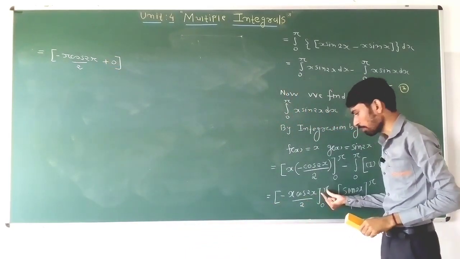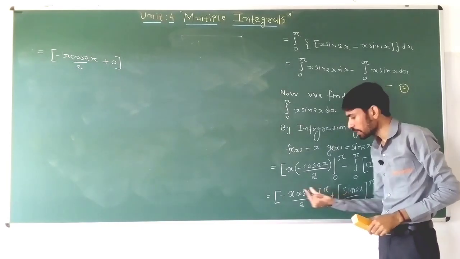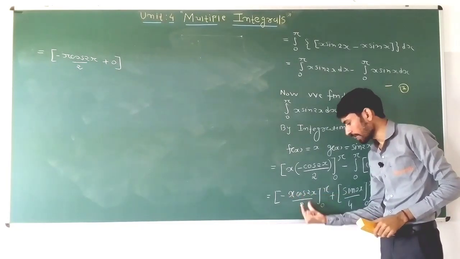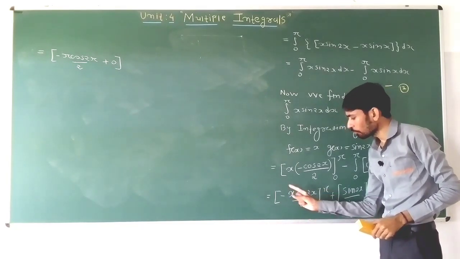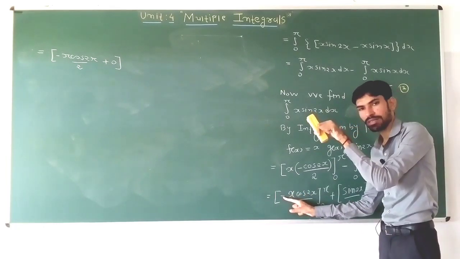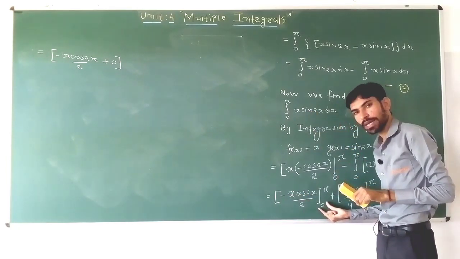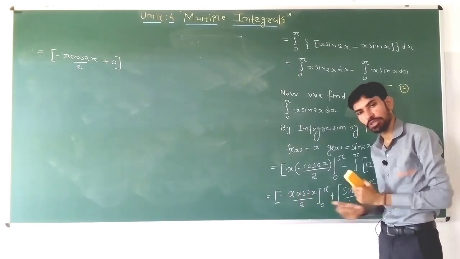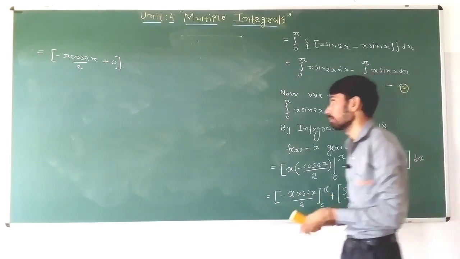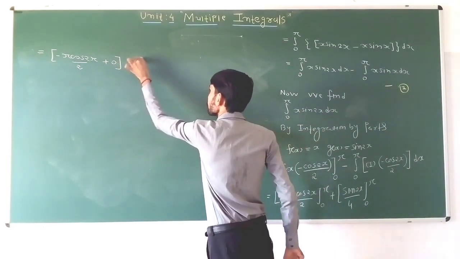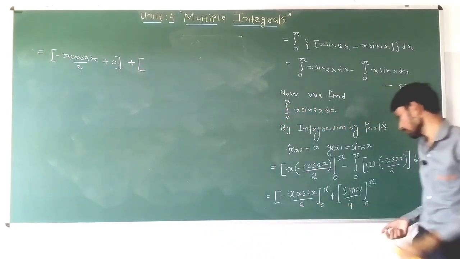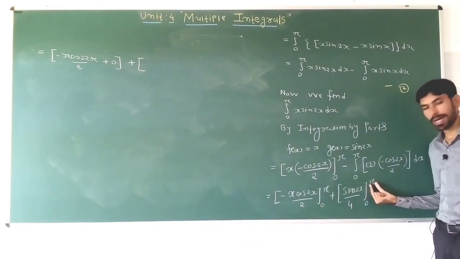First of all, here we apply the upper limit in place of x. So our term becomes minus pi cos 2 pi upon 2, minus, but the term is already minus, so minus minus becomes plus. Applying 0 in place of x, the whole term is 0. Now plus, here we apply the upper limit pi in place of x.